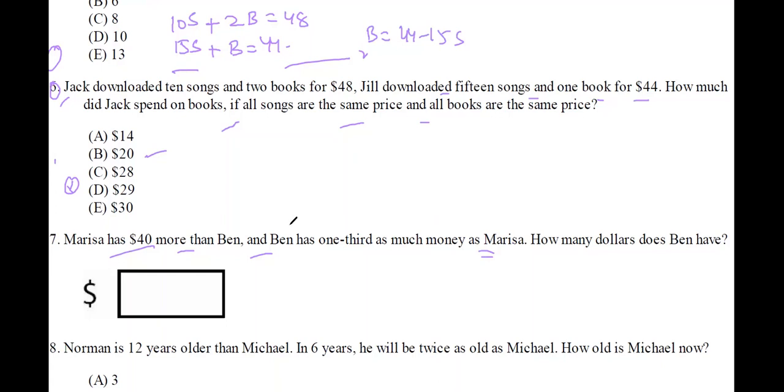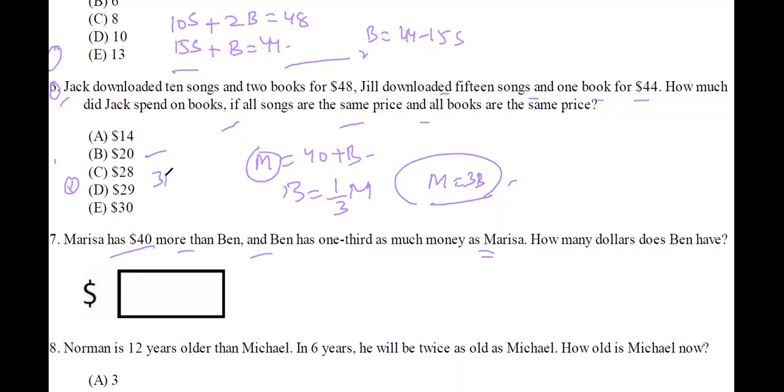Okay, so it says that Marissa has 40 plus B, and B has 1/3 as much as Marissa. So M is equal to 3B. If I substitute this instead of M, it would be 3B equals 40 plus B. So 2B is equal to 40, B is coming 20. So 20, are you getting this?